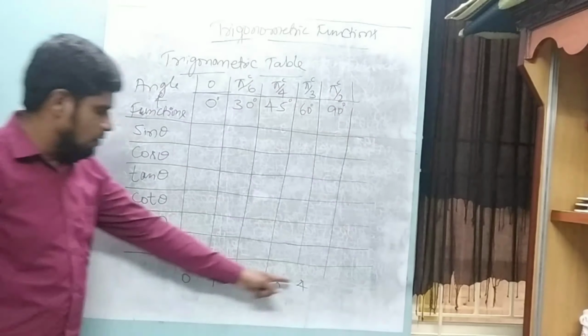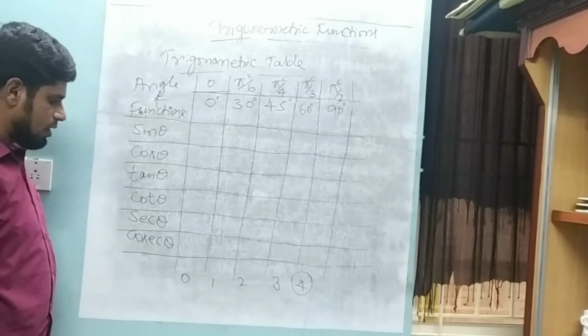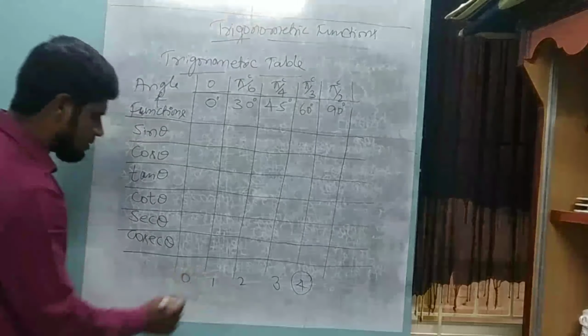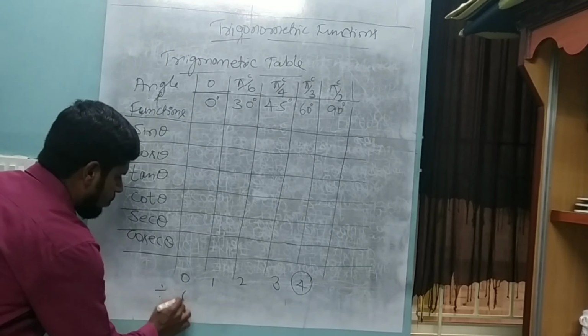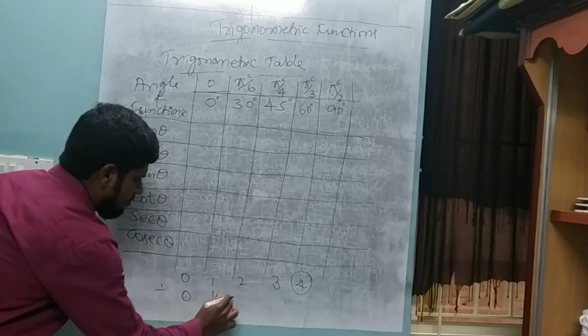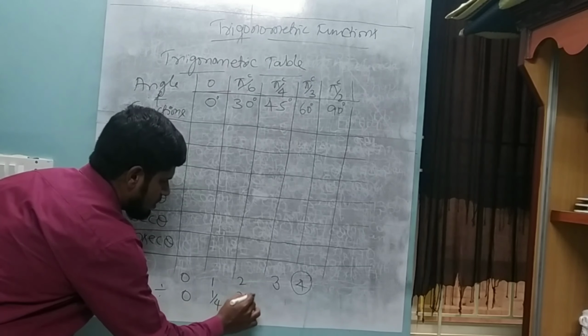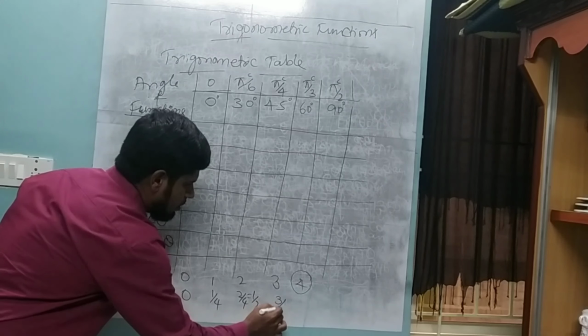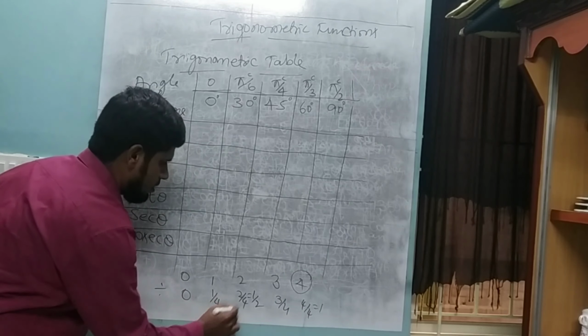In that, 4 is the highest whole number we have taken. So let us divide these numbers by 4. What do we get? 0 by 4 is 0. 1 divided by 4. 2 by 4 is 1 by 2. 3 by 4. 4 divided by 4 is 1.